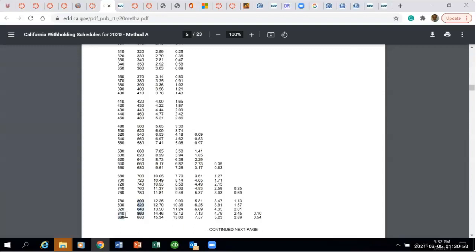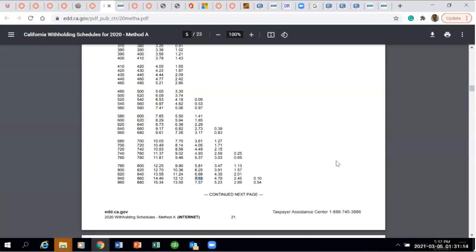And with 2 allowances, the number is 713. That's the tax withholding for California for this person.